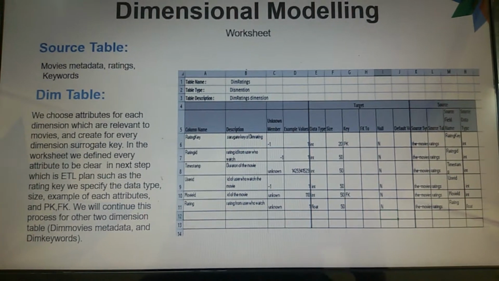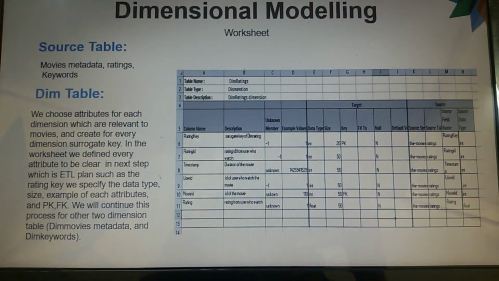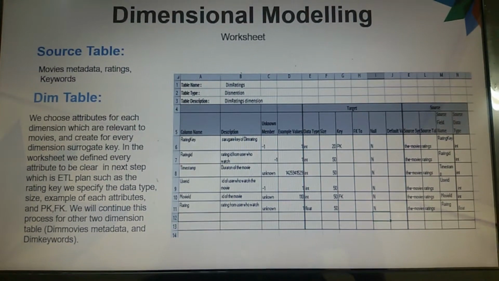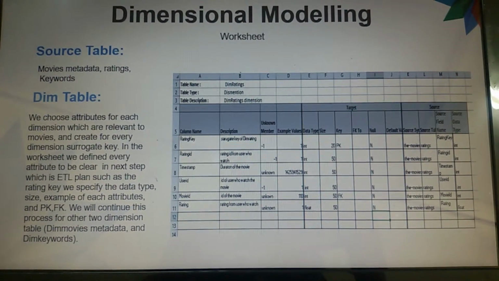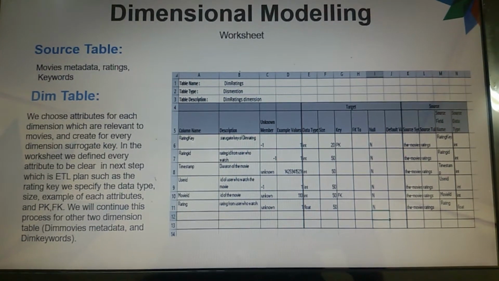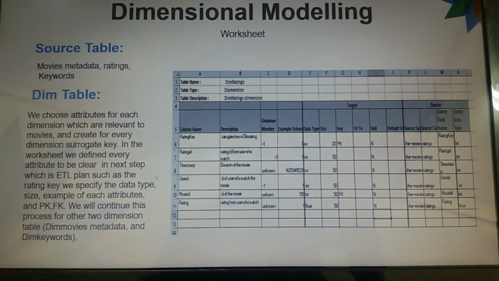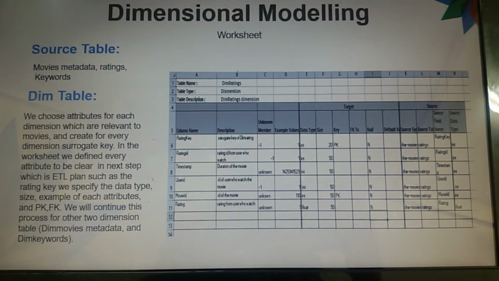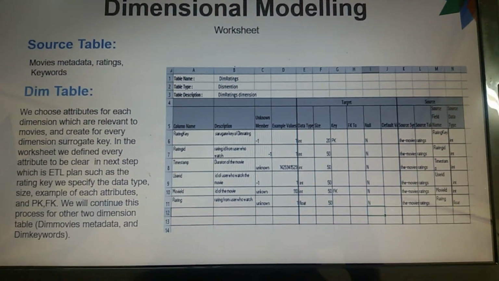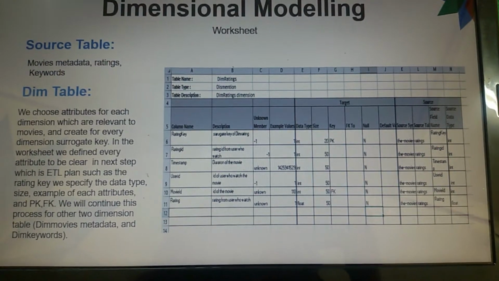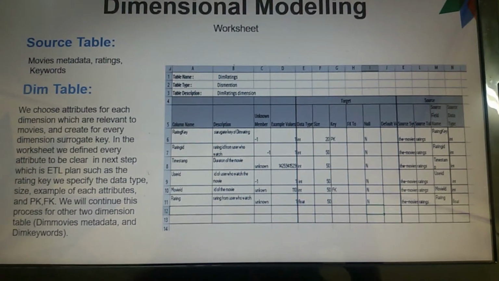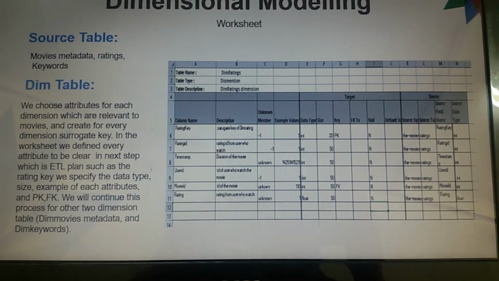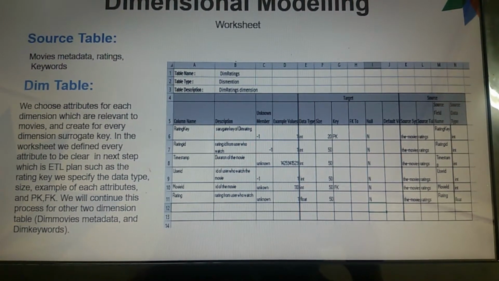Assalamu alaikum. I'm Habiba. I'm going to continue the presentation with dimensional modeling. Our source tables are movie metadata, ratings, and keyword. Our dimension tables are dim rating, dim movie metadata, and dim keyword. For the dimension tables, we choose the attributes for each dimension which are relevant to our movie data, and create a surrogate key for every dimension.